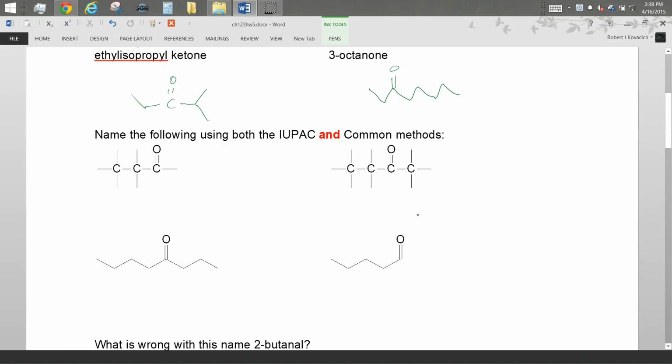All right, so what's the IUPAC name for this first one? Propanol. And the common name for this one? Propylaldehyde.